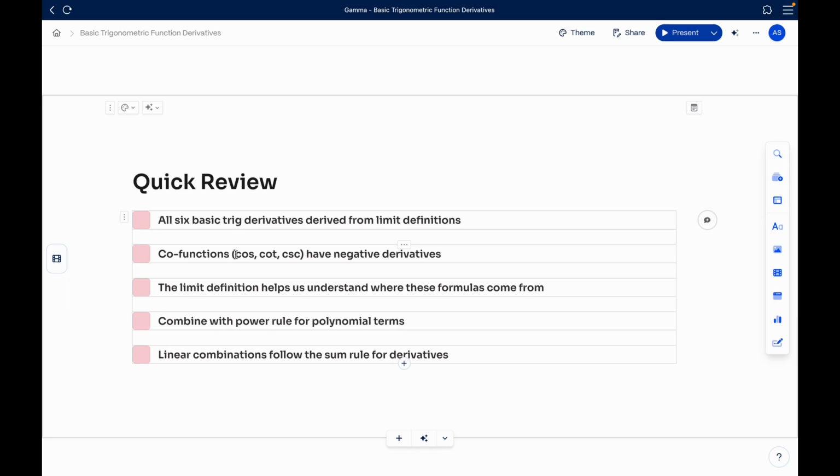The limit definition helps us understand where these formulas come from and can also aid in application. And you can combine with the power rule for polynomial terms and linear combinations follow the sum rule for derivatives. And the sum rule, the subtraction rule, the coefficient rule, the constant rule for derivatives, all of these were covered in another one of the videos in my calculus series.